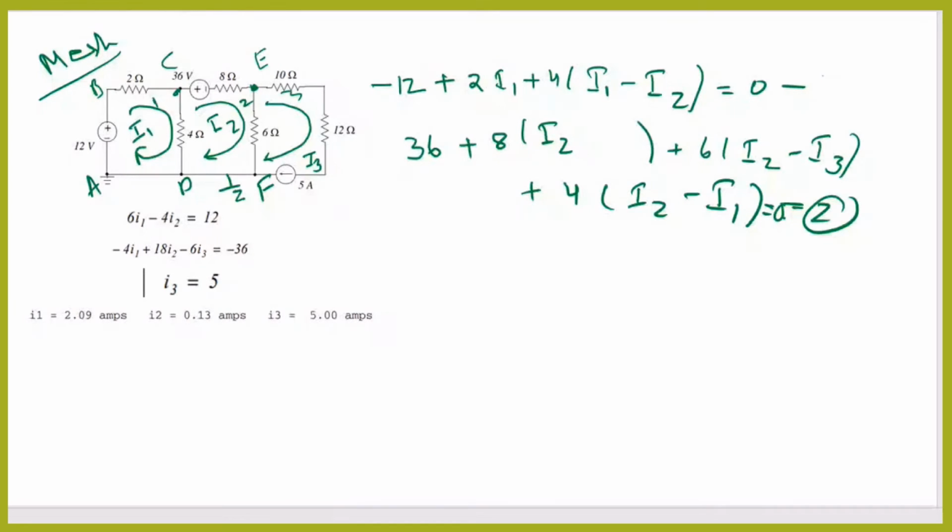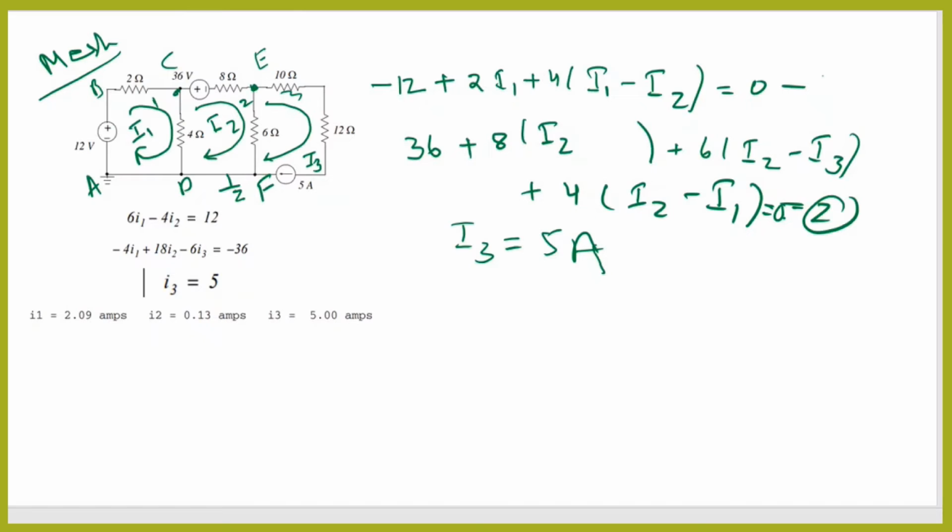And the third equation you did not write because we have a current source in the loop. So I3 is equal to, simply write, 5 amperes. You assumed a current that is flowing in this loop, right? So in this loop, how much current is flowing?